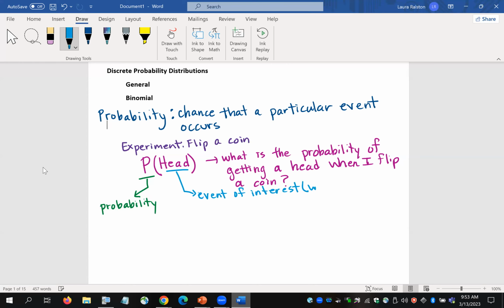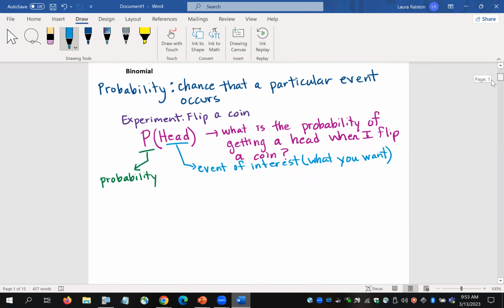Okay, it's what you want. The parentheses here are simply being used as separation symbols to separate the letter P from that event of interest. Okay, they in no way, shape, form, or fashion imply multiplication.